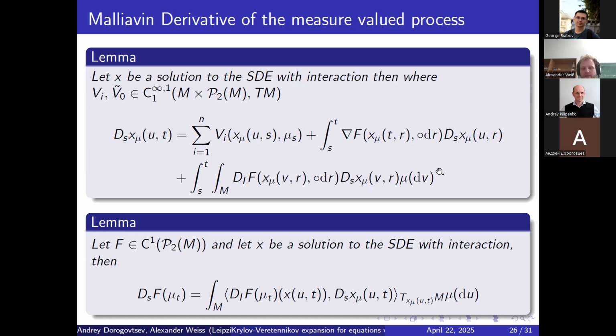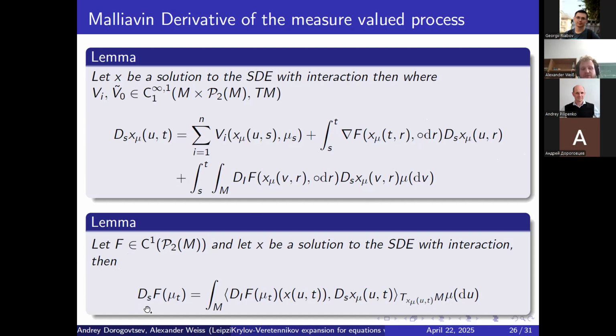And then the Malliavin derivative solves this equation here, where we have the usual part which comes from the chain rule. And then here we also have a part which comes from a chain rule for functionals of the Wasserstein space, which is this lemma here.